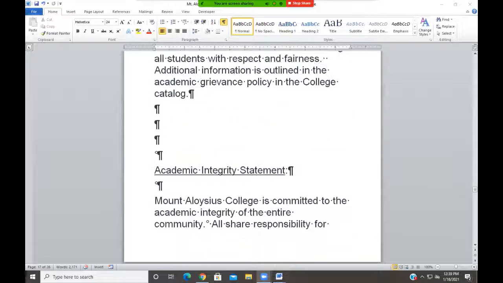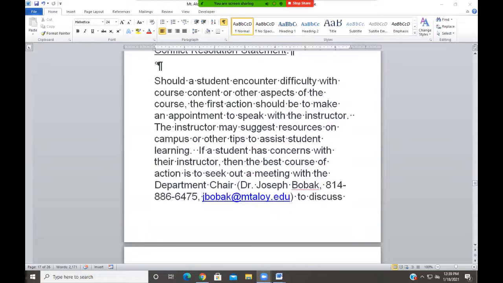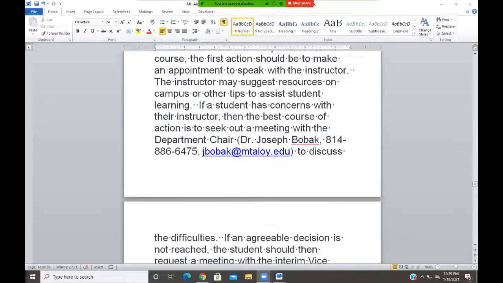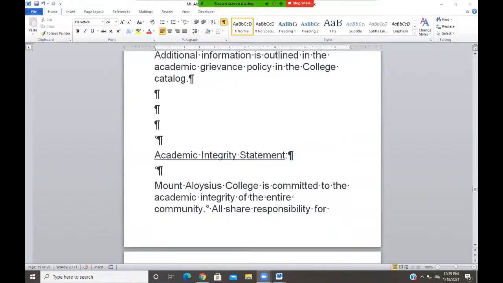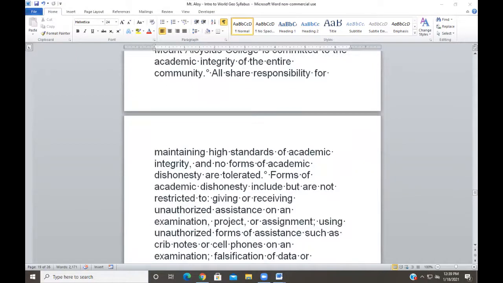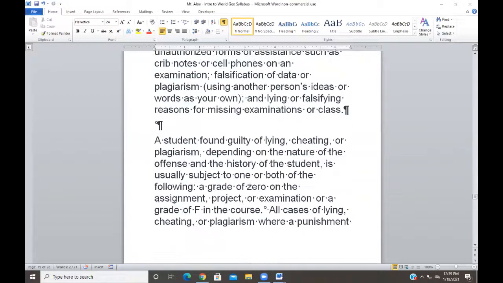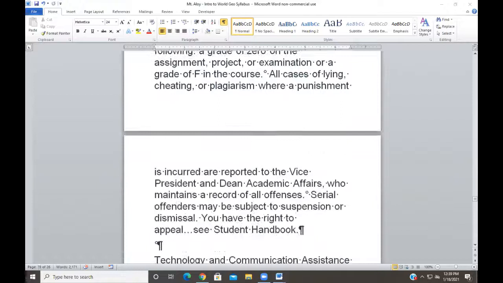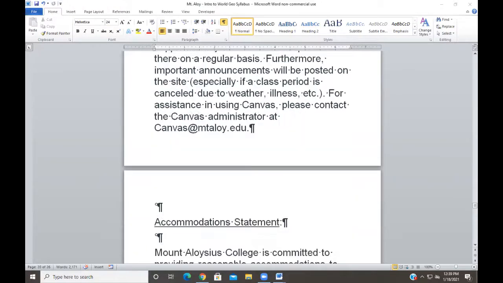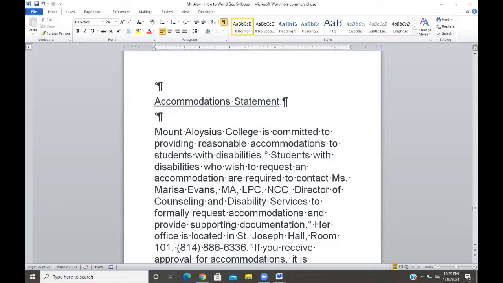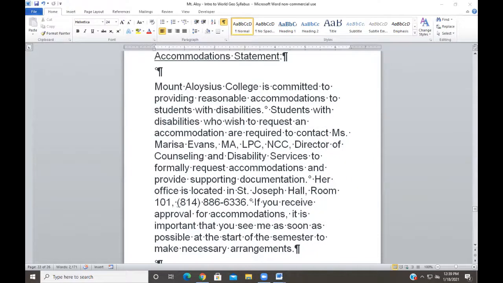Integrity statements and issues on plagiarism, COVID-19, right? And you probably have these with some of your other Mount syllabi anyway, so maybe it's not all contingent that you read my edition of that here. But if I'm your only Mount Aloysius course, you'll need to read it for sure.